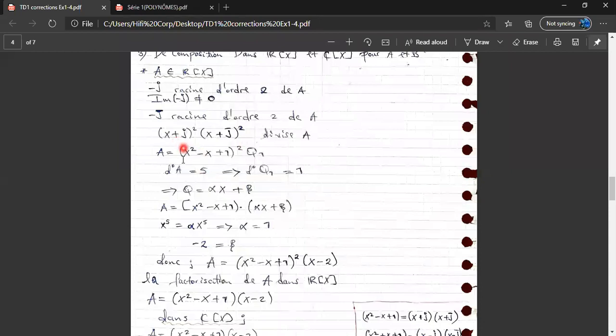So in writing R in its simpler form, the degree of R must be the same as the degree of its simplified form. We already have its simplified form, its degree is equal to 4, because when you spread it out, you are going to have x to the power 4 here. So the degree of this polynomial is 4, and the total degree of R is 5. So the degree of Q1 is what? 1.